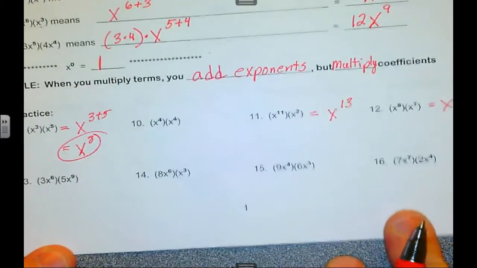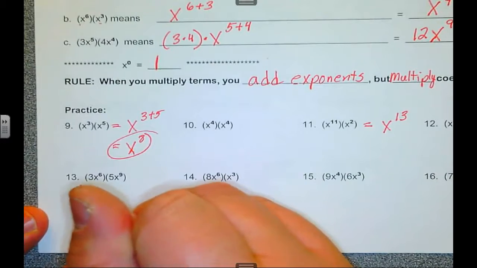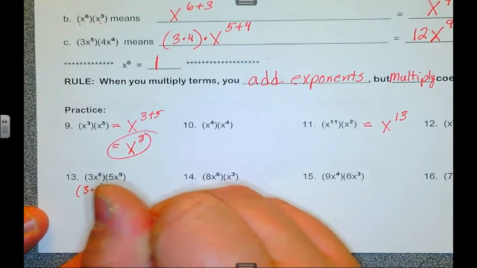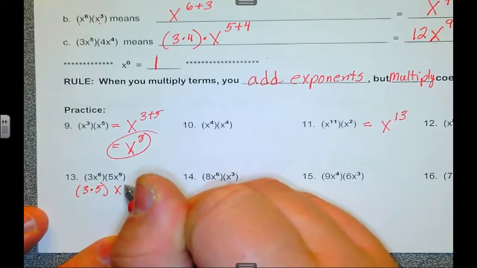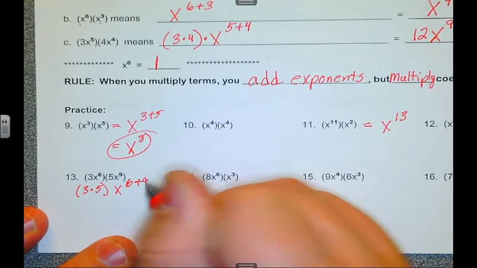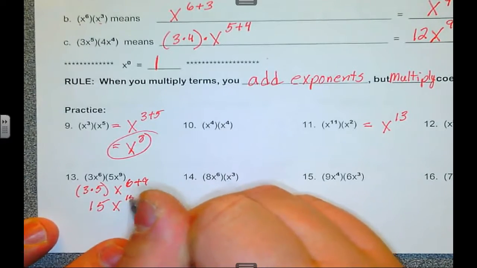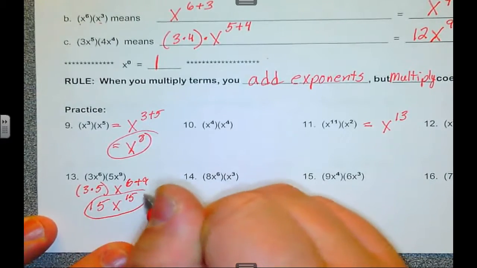What about 13? Don't forget, multiply the coefficients and add the exponents. Yep, 15x to the 15th. A lot of 15s.